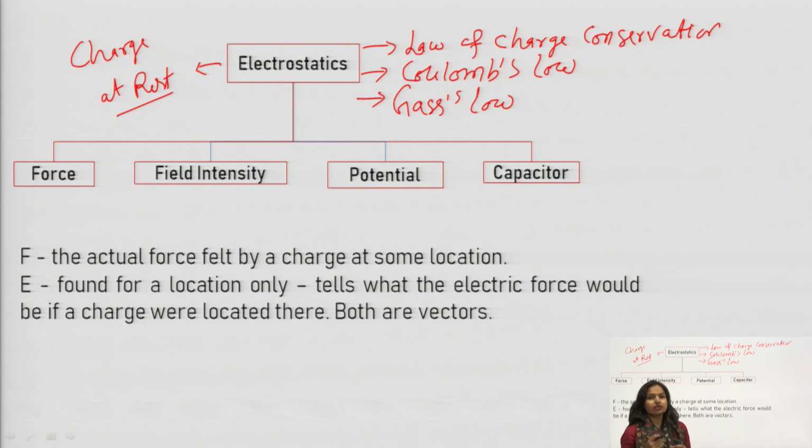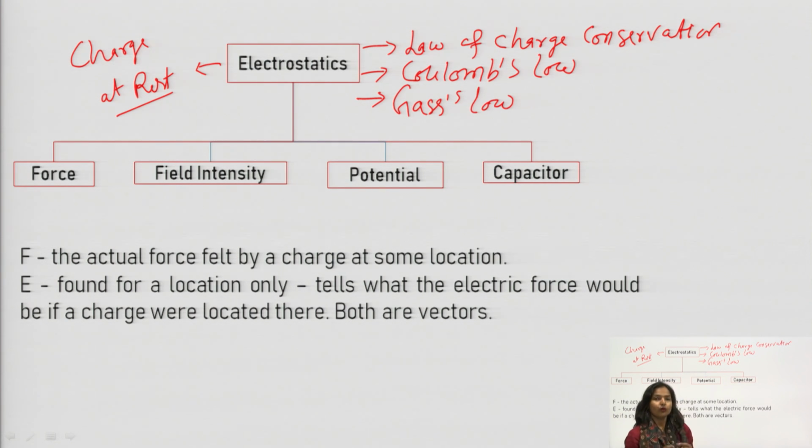Under this topic we will cover 4 important subtopics: electric force, electric field intensity and electric potential. Finally we will see the capacitor. Let us know one by one in detail.